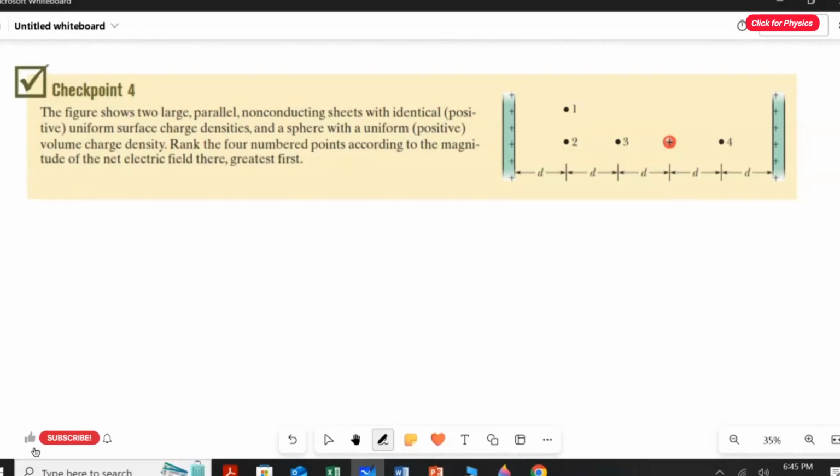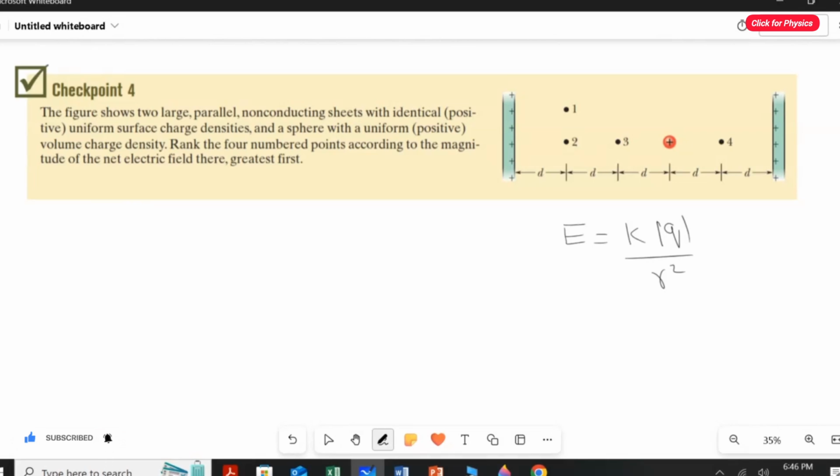As we studied from the theory, the formula for electric field calculation for a point charge is E equals K times the magnitude of the charge over R squared. Here R is the distance from the point where we are going to calculate the electric field. Based on this concept, points 3 and 4 are closer to the positive charge.